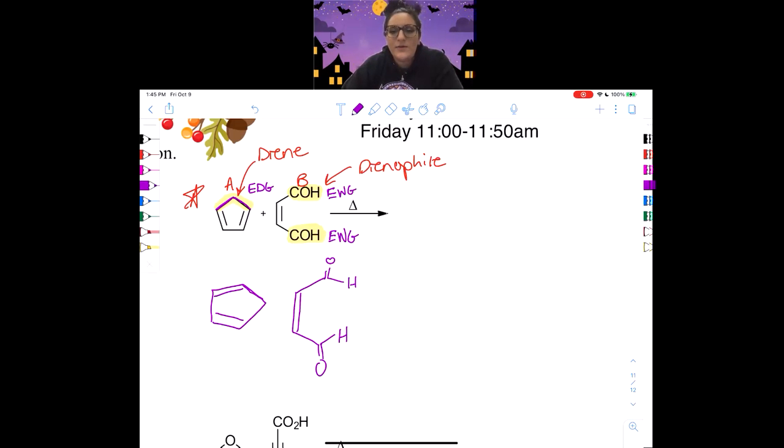And I want you guys to note, this is different than the first example we did because what's different about the diene? It's cyclic. It's a ring. Exactly. And so this makes it a little bit weird because we know we have to make a ring system, but we already have one, right?